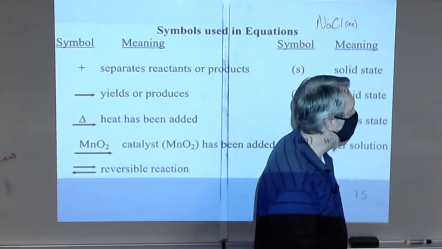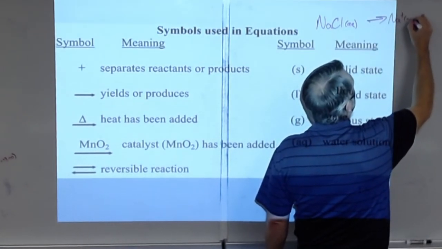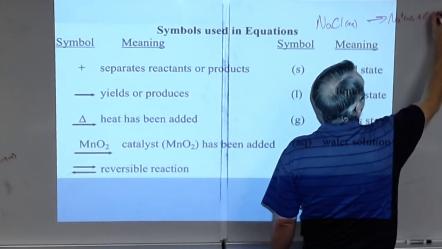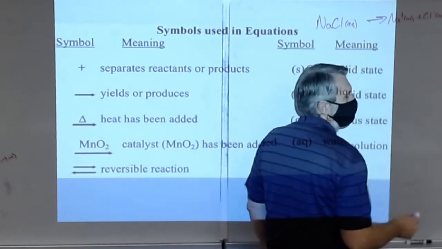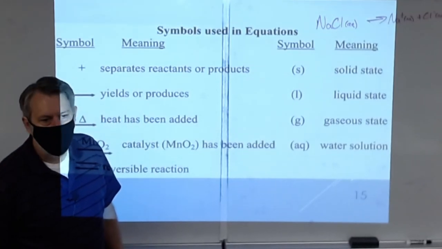And so the reality is this looks like this. There's some Na ions floating around and some chloride ions floating around. All right? That's what that means.